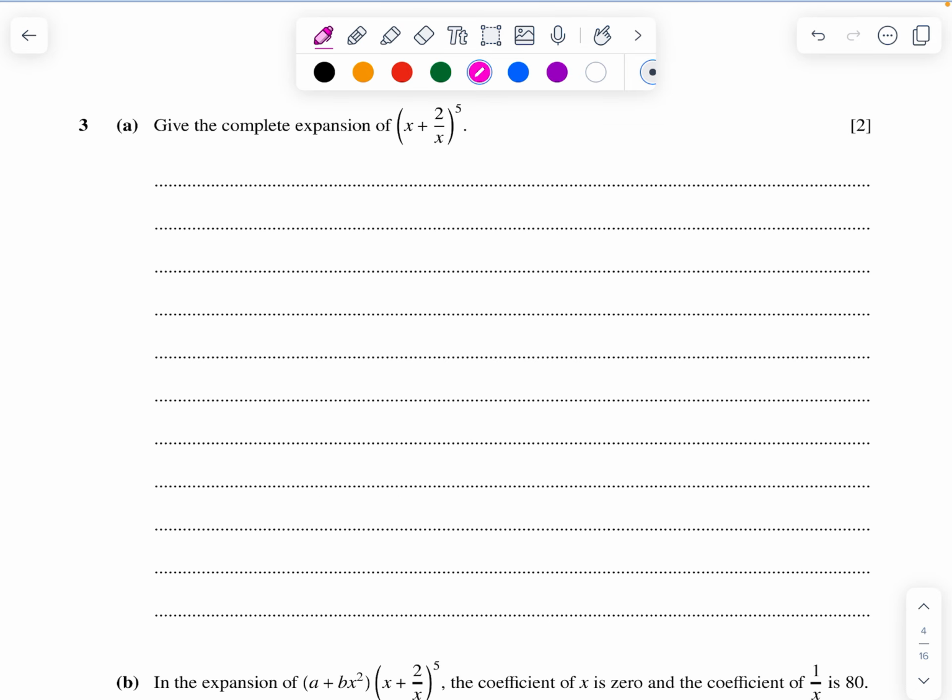Question number 3. Complete the expansion of (x + 2/x) whole to the power of 5.